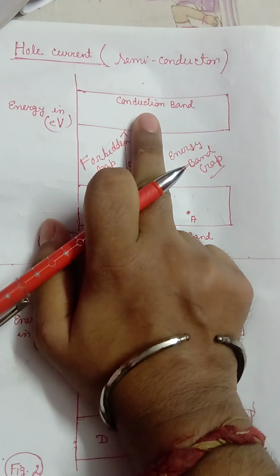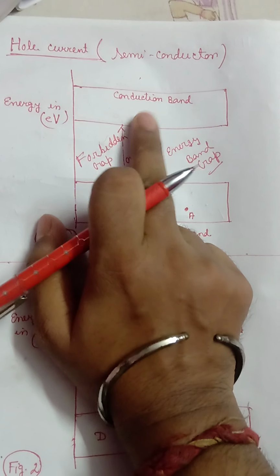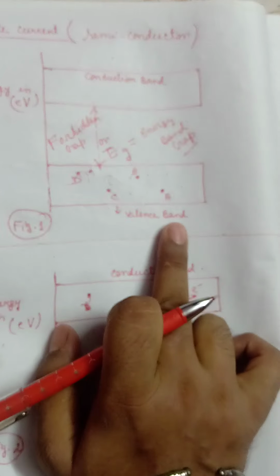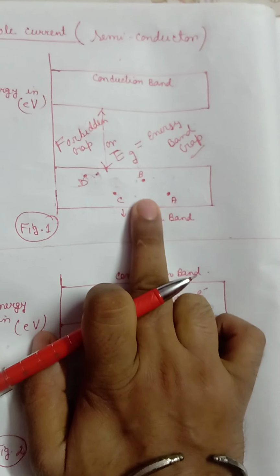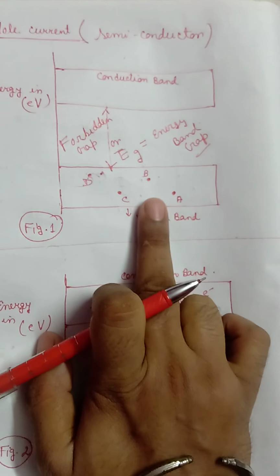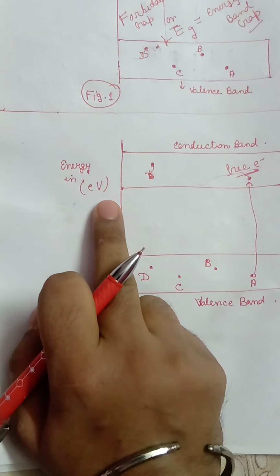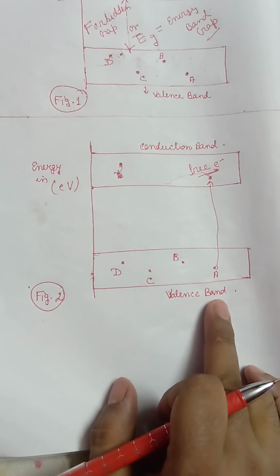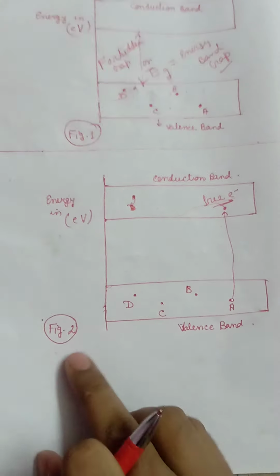The conduction band doesn't have any free electrons below room temperature, and the valence band has a number of valence electrons, but these valence electrons are involved in covalent bonds. Now in the case of figure 2, energy is plotted again in electron volts, with the conduction band and valence band, and you can see there is a difference between figure 1 and figure 2.